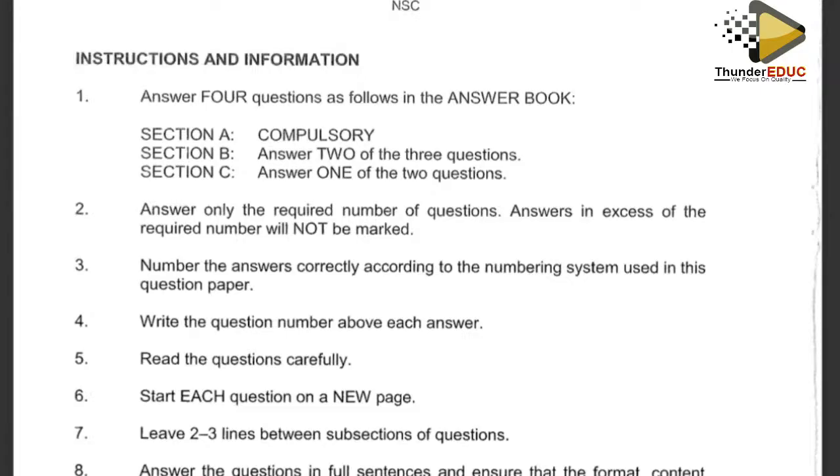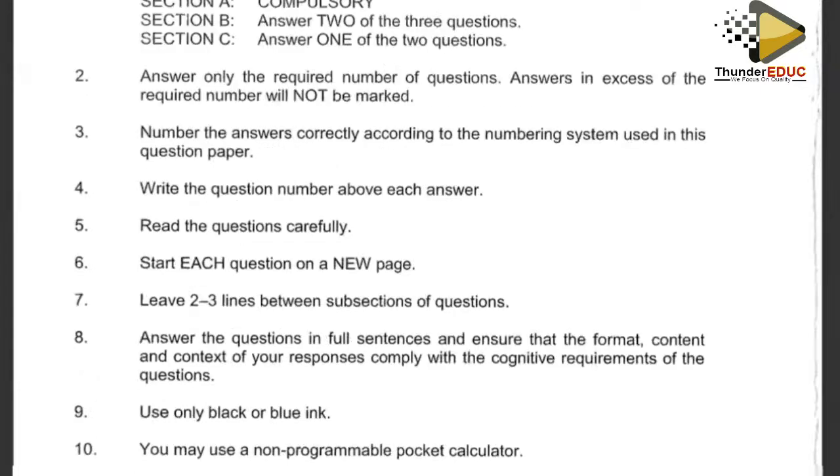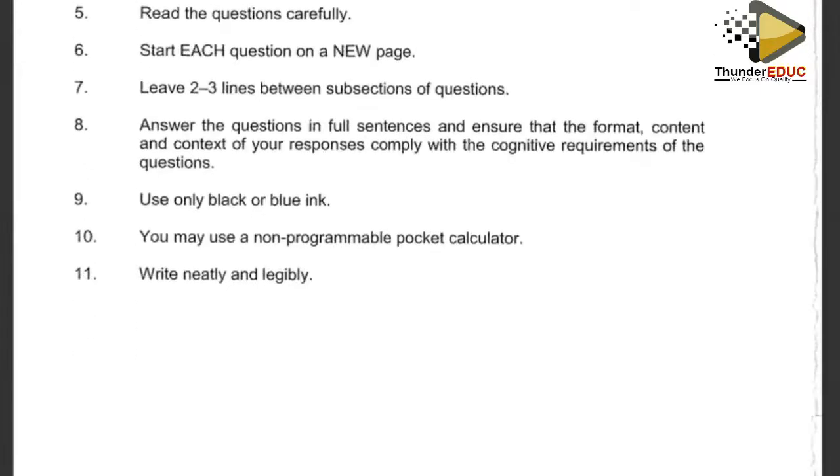Know that if you fail to follow the instructions, it means that you have failed to answer the questions appropriately. Number 7: leave 2 to 3 lines between subsections of the question. Number 8: answer the questions in full sentences and ensure that the format, content, and context are correct.